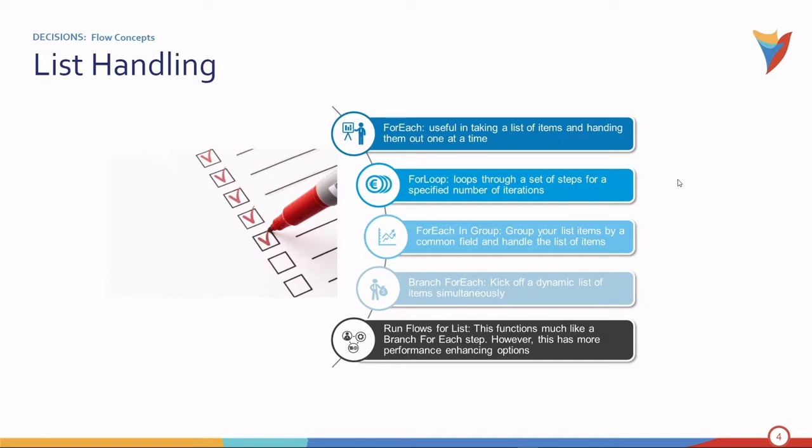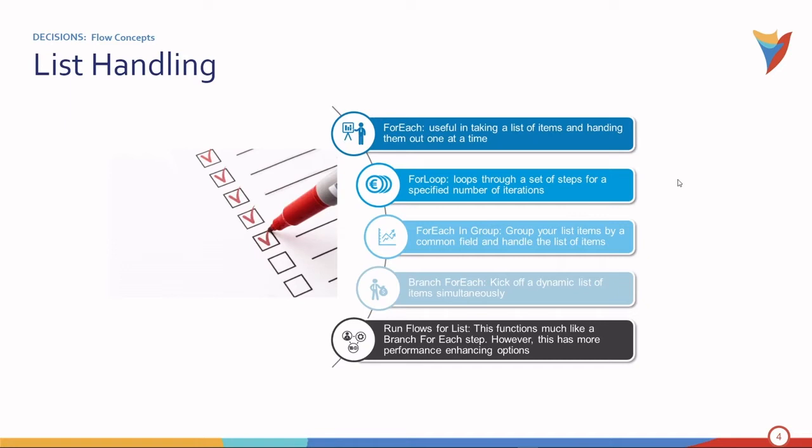But the first one, and the most commonly used, is the for each step. The for each step is very useful in taking in a list of items and then handing them out one at a time. So maybe you have a list that you've already set up, and you want to run each one of those items in that list through another process, or maybe an entirely different subflow.